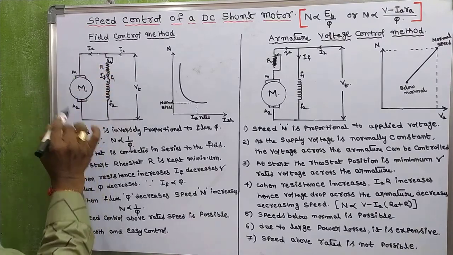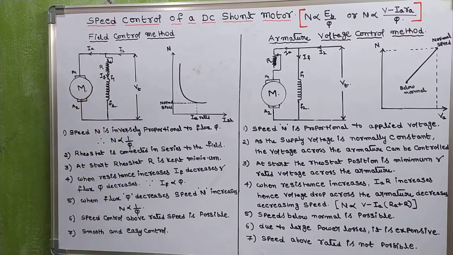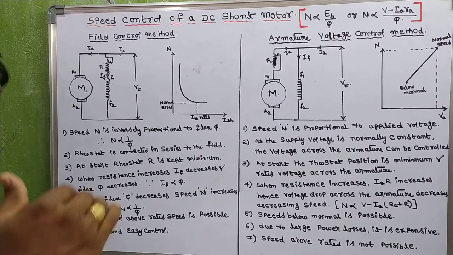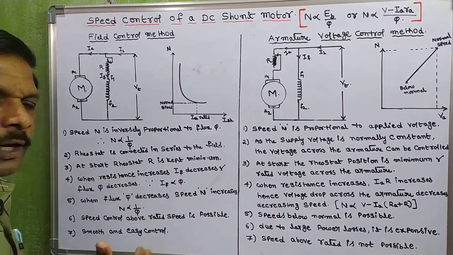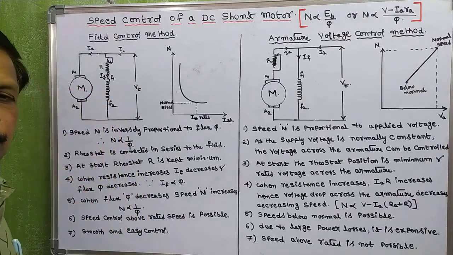Armature current flows through the armature and field current flows through the field. In this field control method, we are going to control the flux, or the field.